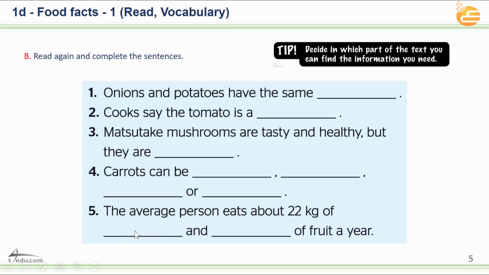Chicken, exactly, chicken, and of fruit. And how many kilograms of fruit does the person eat a year?